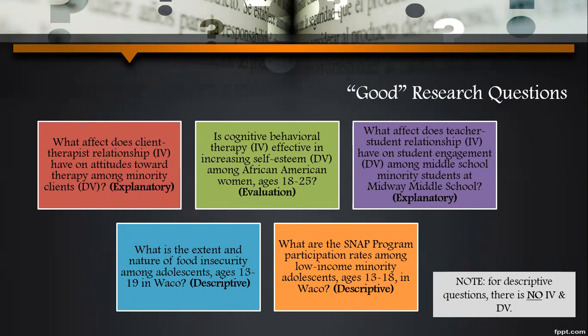Now on the bottom here, our question in the blue box says, what is the extent and nature of food insecurity among adolescents ages 13 to 19 in Waco? So I really want you to note here that this is a descriptive question. Okay, so there is no independent or dependent variable in this question.